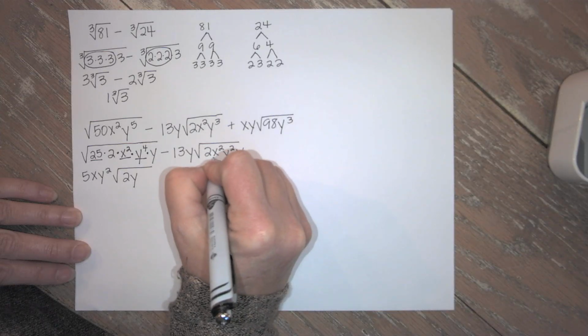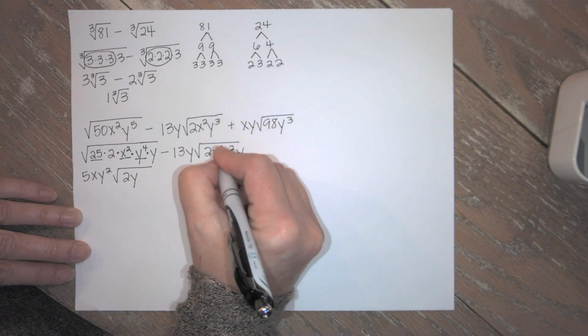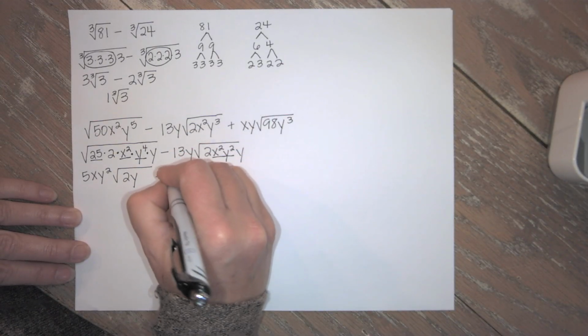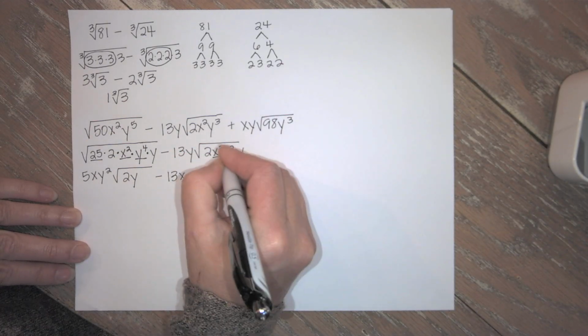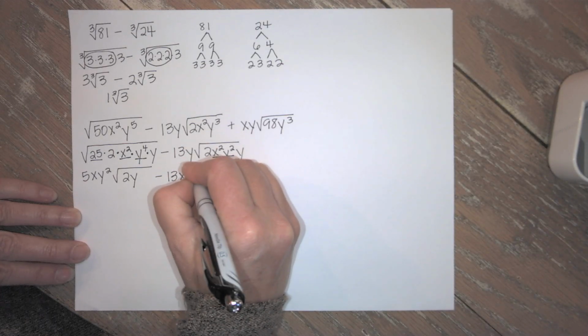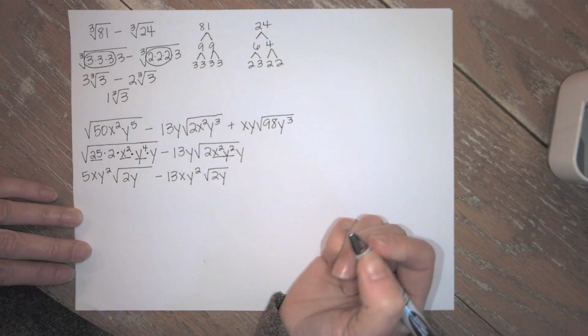All right, so I have a perfect square here and here. All right, so an x is going to come out and a y is going to come out. So when that happens, I'm going to have negative 13x. I already had one y out here. When I bring another y out, I'm going to have y squared. And left underneath, I'm going to have 2y.